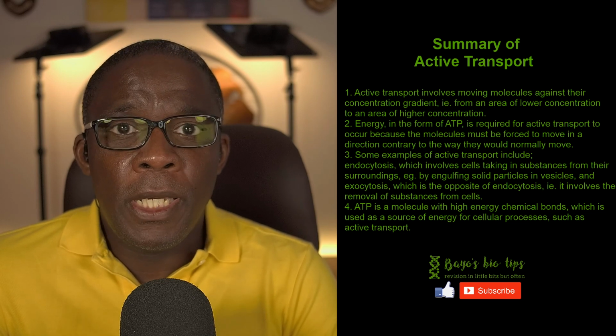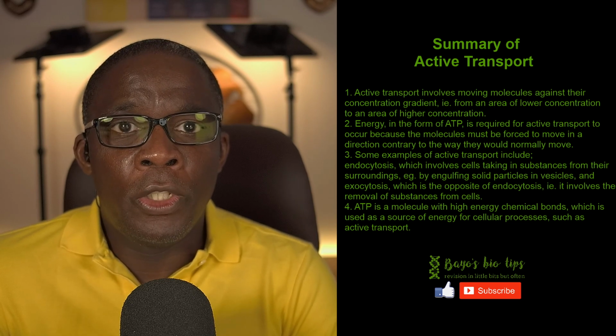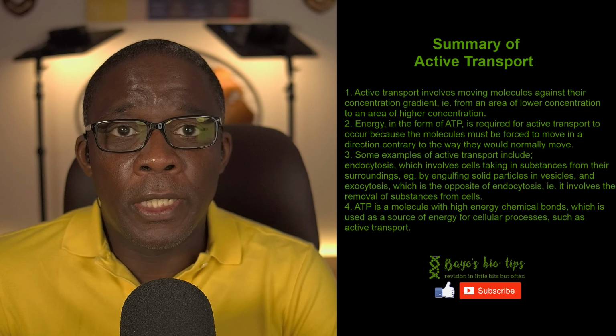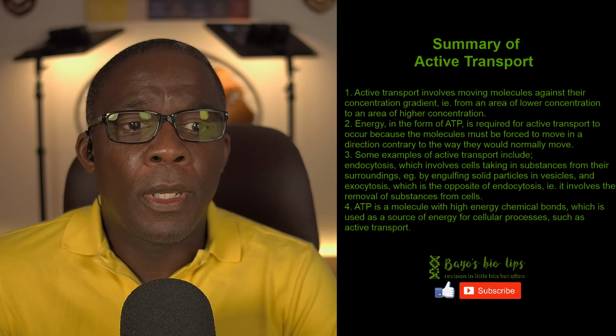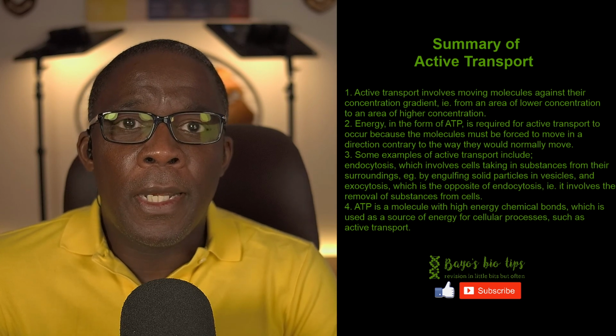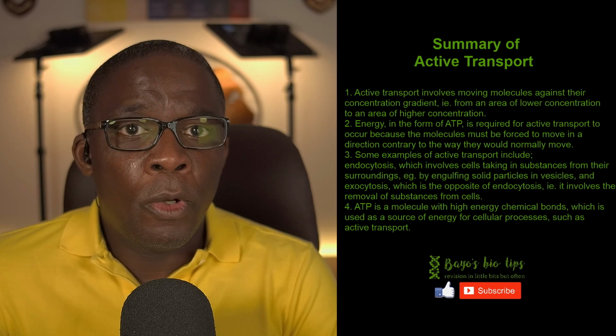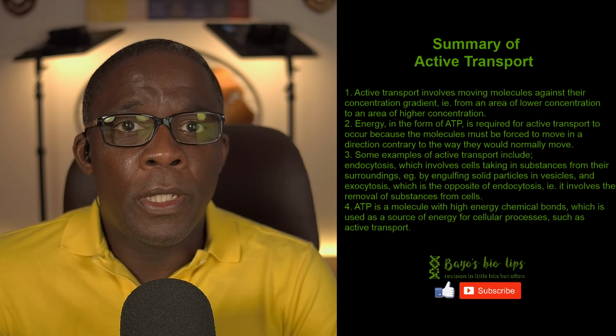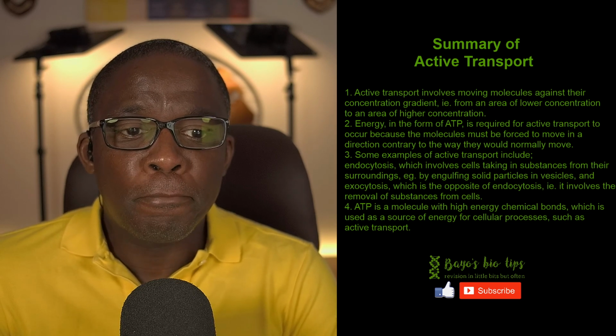Then the next bit we talked about what form that energy would be in. So ATP is the form in which energy is used by cells for processes like active transport. You need that energy, as I said, to move the molecules against their concentration gradient.